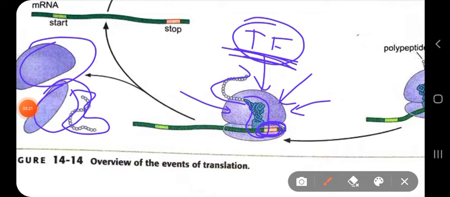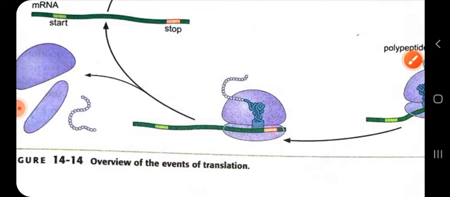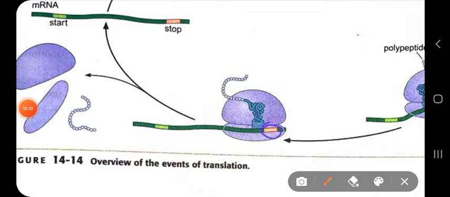So I was talking about the termination process in the overview of the whole translation process. During termination, the termination factors come after the ribosome identifies the stop codon. Here you can see the stop codon, and it recruits termination factors like ribosome recycling factor.